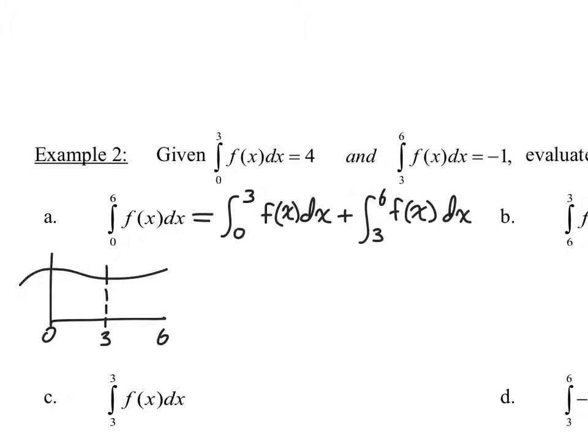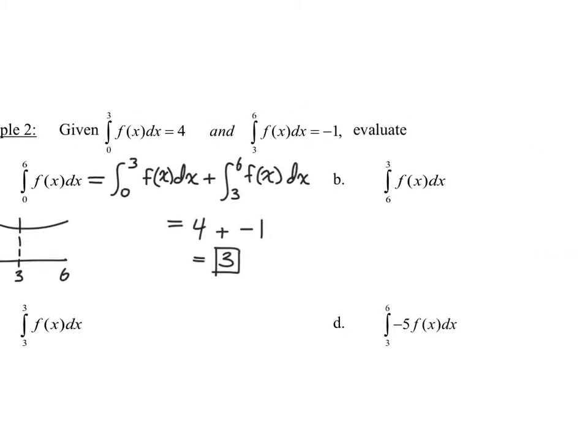They're telling us that the first piece is 4, and the second piece is -1, which doesn't really coincide with my diagram because the second piece should be below the axis, but just the idea of piecing two areas together to get the whole is really what we're after here. So in this case, we're looking at 4 plus -1, which would give me a 3.